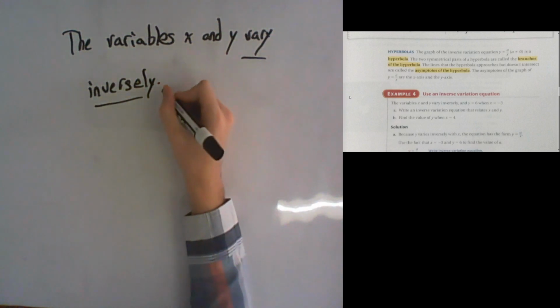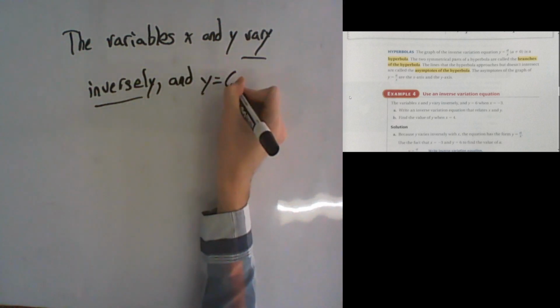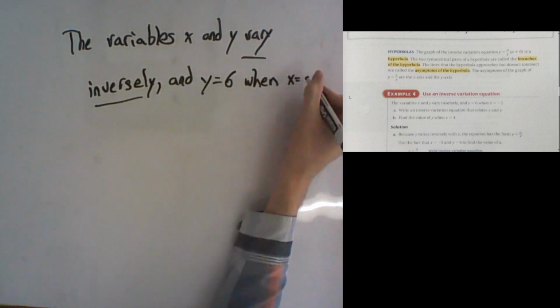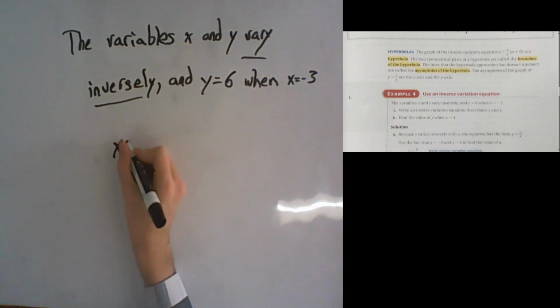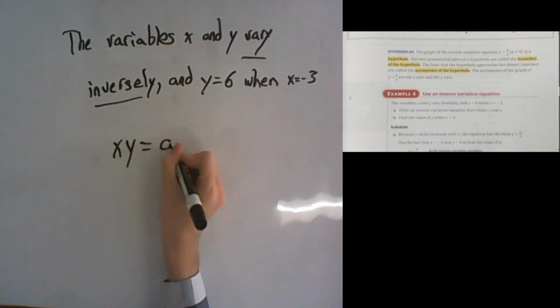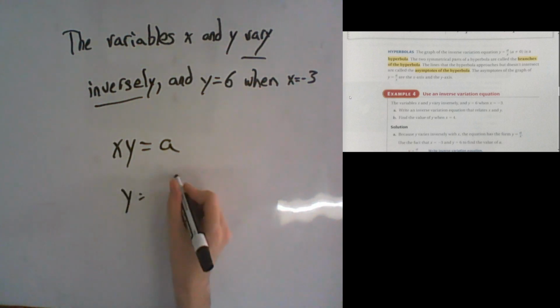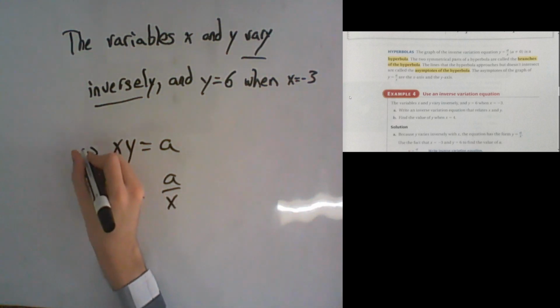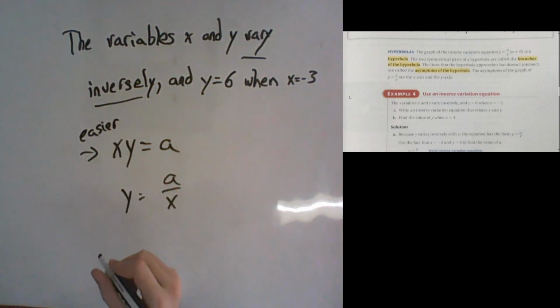And so when they say y equals 6 when x equals -3, well, what they mean is we have x times y equal to some number a. Could you do y equals a over x? Yeah, these two are the same thing, but this is easier. Not that it's wrong or right, it's easier.